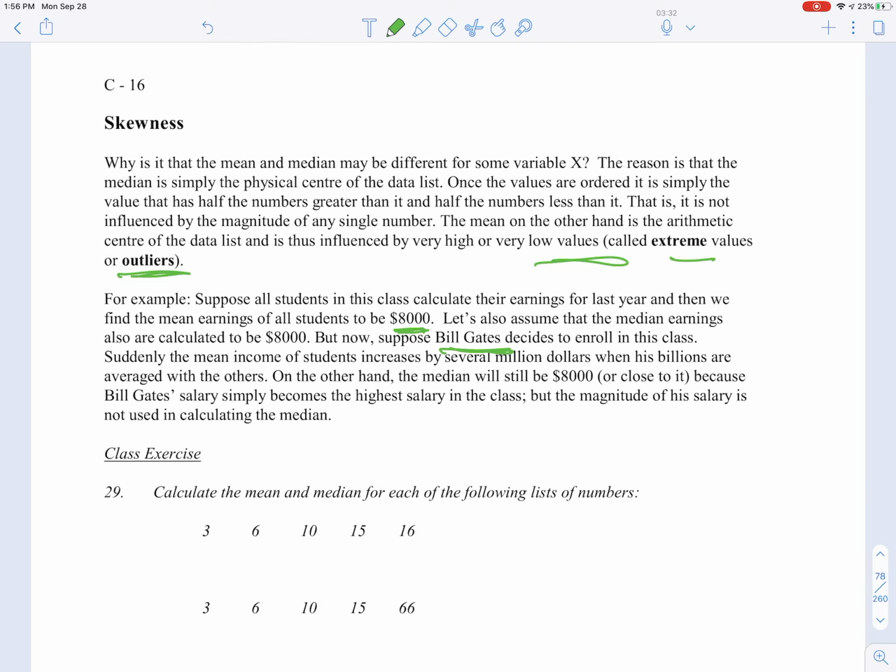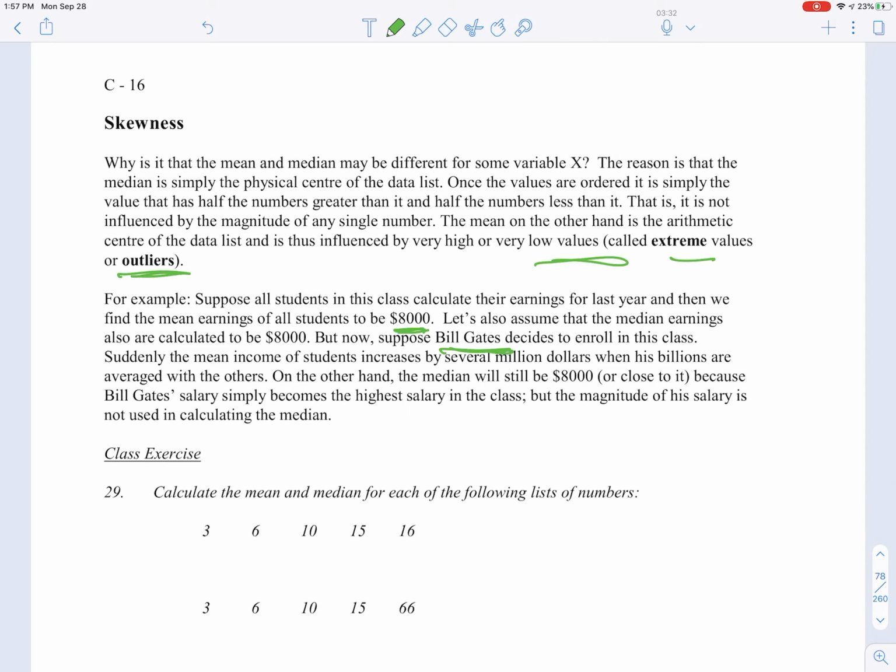But we bring in Bill Gates, and he makes something like $2 billion a year, and if we average that out over our 46 students, we would get something like $43 million. So that is a really high average and not really indicative of the midpoint or the center of the data, because his income pulls the average up, or it skews the data upwards.